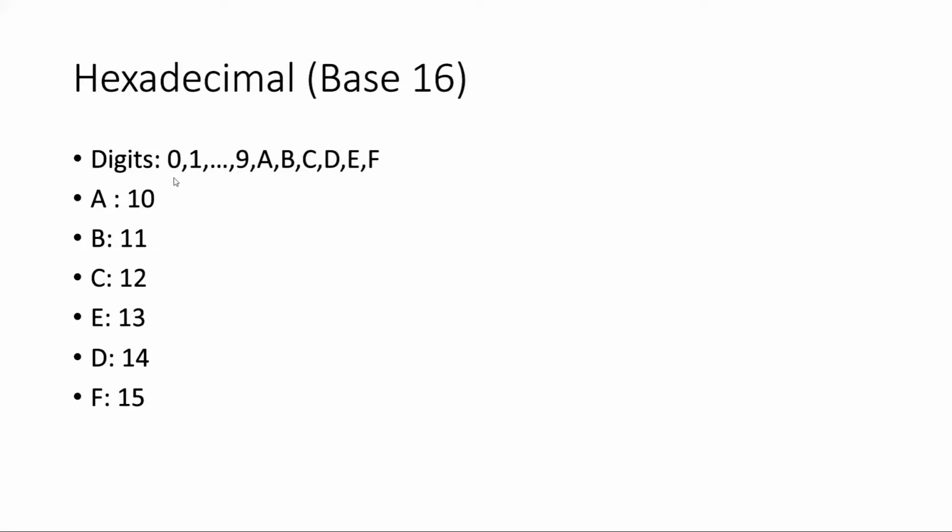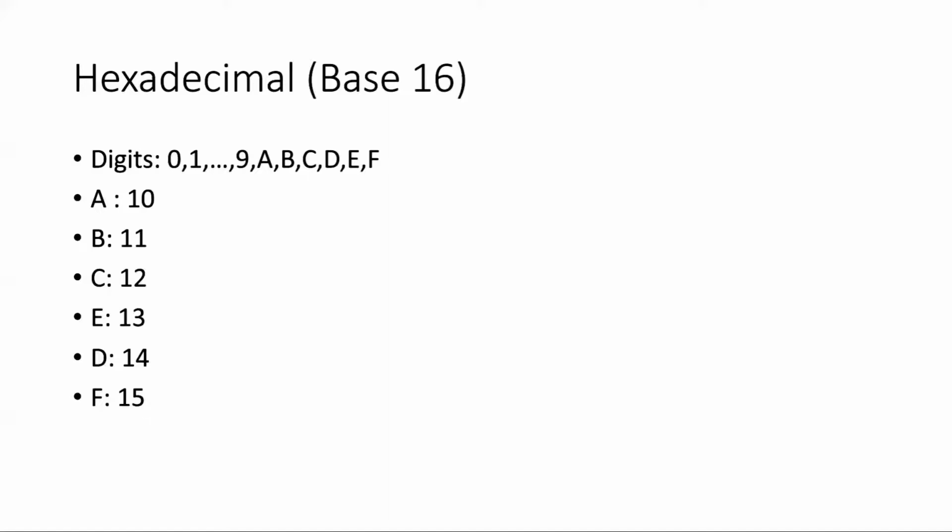So 0 to 9 is not enough for us. Beyond that, alphabetical letters are used. A is used in this numerical system to represent the digit 10. B is used to show 11, C for 12, D for 13, E for 14, and F for 15.